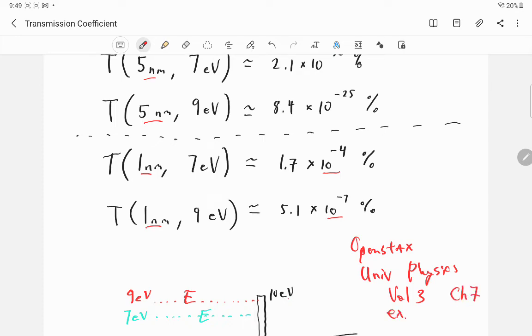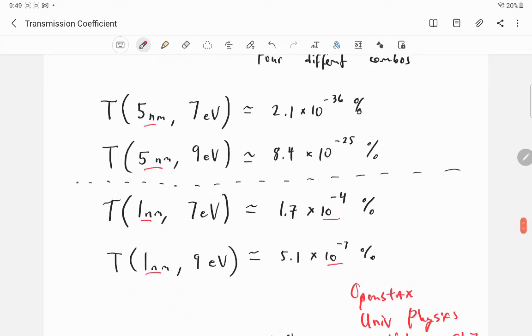It's an example if you care to go look at it. But the point is, qualitatively, with a wide barrier, you basically aren't going to see any transmission. With a narrow barrier, actually, 1 of every 10,000 electrons is going to transmit.